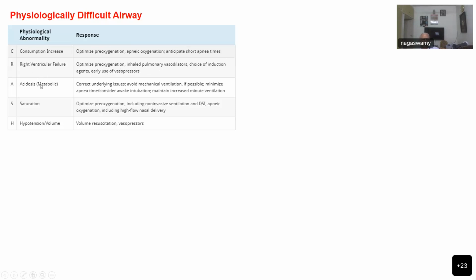And acidosis, severe metabolic acidosis, you must correct the underlying issues and avoid mechanical ventilation as much as possible, and if possible minimize the apnea time. As she rightly mentioned, people with metabolic acidosis normally hyperventilate to wash out the carbon dioxide and correct the metabolic problem themselves. So in that situation, if you totally paralyze them and take over the respiration, that compensatory phenomenon is lost.